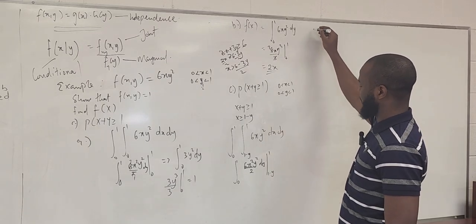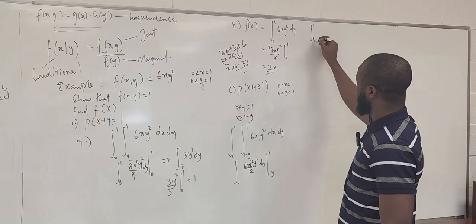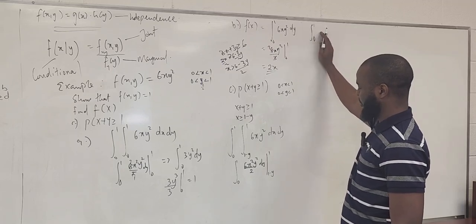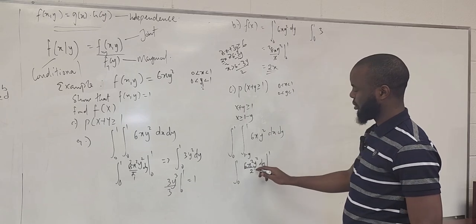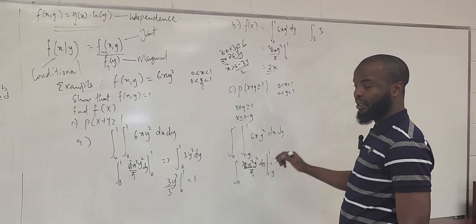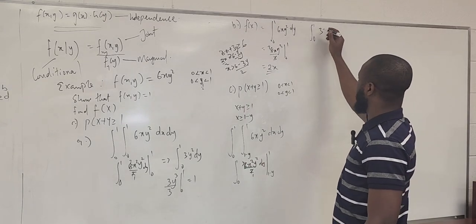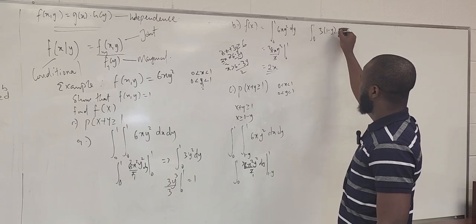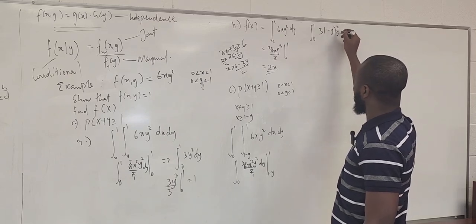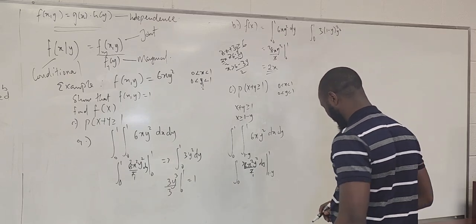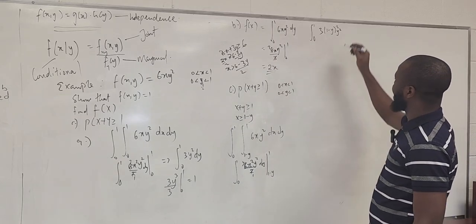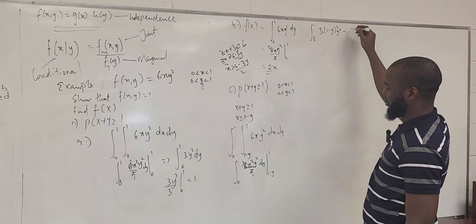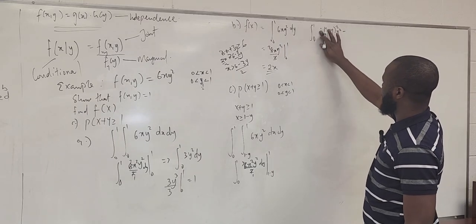And here we have, this gives 3, right? 2 here 1, 2 here 3, right? X squared is going to be 1 minus y squared, y squared. You with me? Just bring this 3 out.